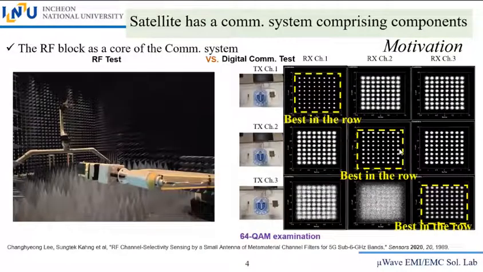And we did a similar approach to see the characteristics and quality of the communication on the basis of the RF components. So here we have a multiplexer. The transmitting antenna has a wideband for signal sending, but we would like to distinguish one channel from other channels.